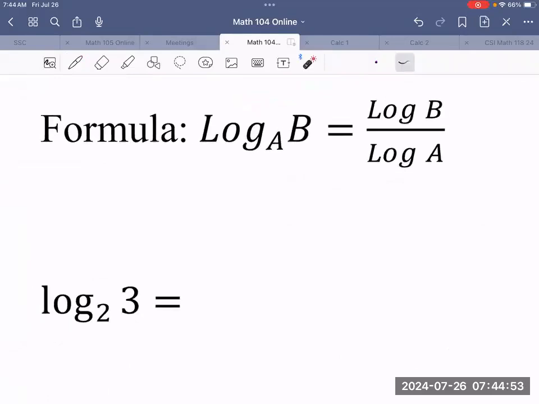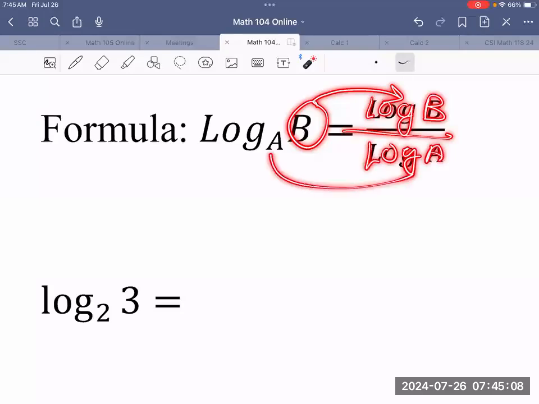It just says log base a of b, where a perhaps isn't equal to 10. Then we're going to write the log of this first value above, over the log of your base below.